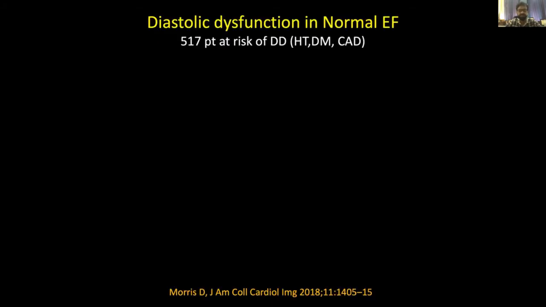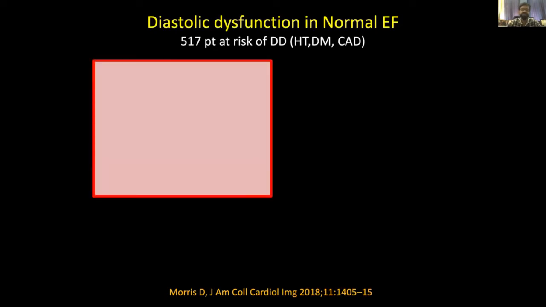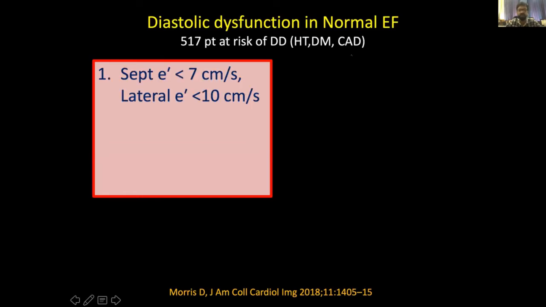Now, this was a study by Morris in JACC Imaging, which looked at persons with normal ejection fraction and diastolic dysfunction. These were more than 500 patients who were at a high risk of diastolic dysfunction, those who were hypertensive, diabetic, and had coronary artery disease.